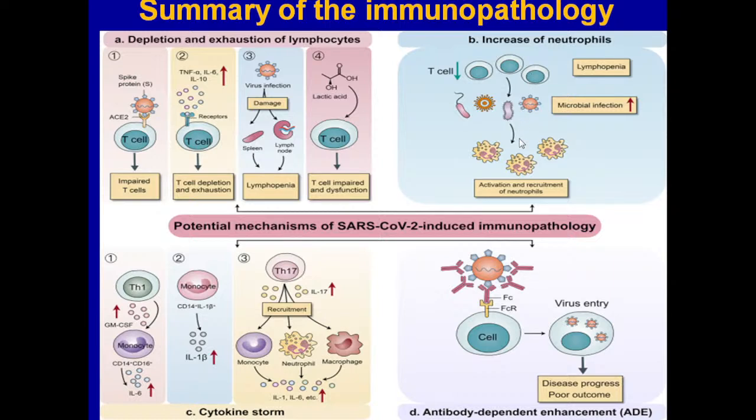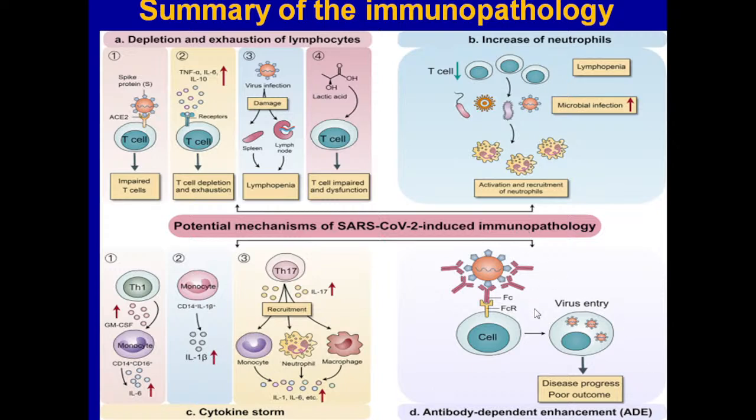As a result, activation and recruiting of the neutrophils is also very important in the immunopathology. Then the over release of the interleukins that we mentioned already, regarding T helper 17 that recruited monocytes, neutrophils, and macrophages that produce IL-1 and IL-6, also cause the cytokine storm.